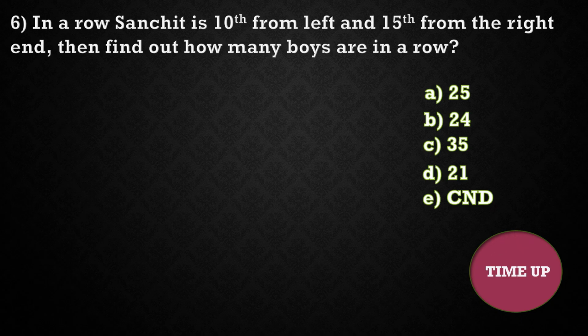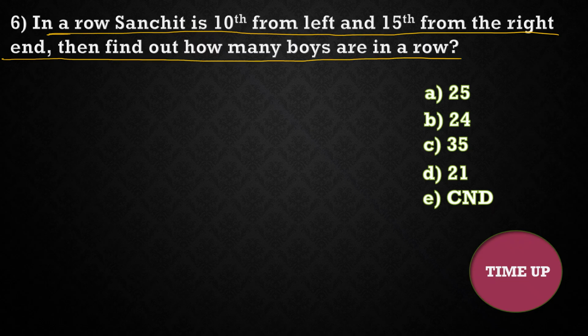Time up. Why I told you to read the question very carefully is that the question says, in a row, Sanchez is 10th from the left and 15th from the right end. Then find out how many boys are in a row. They have not asked you to find out the total students.